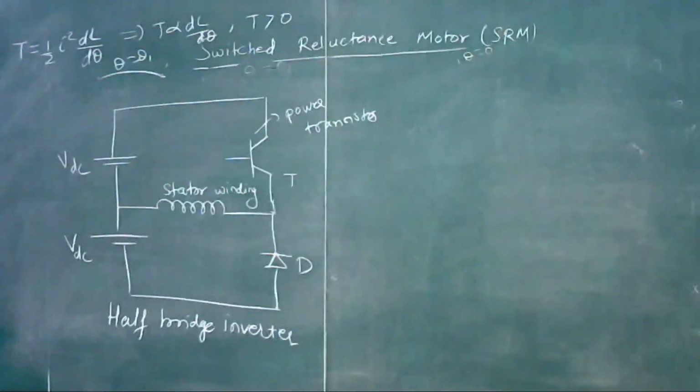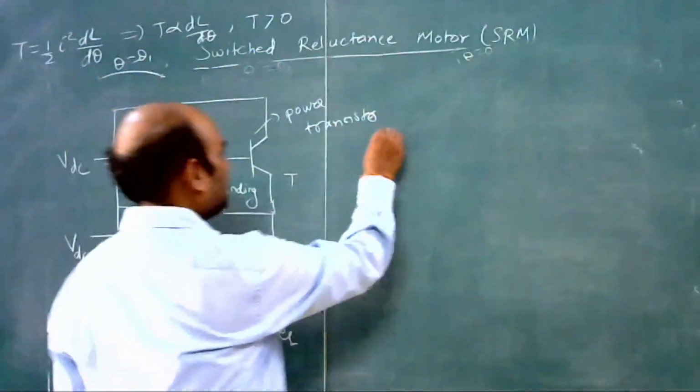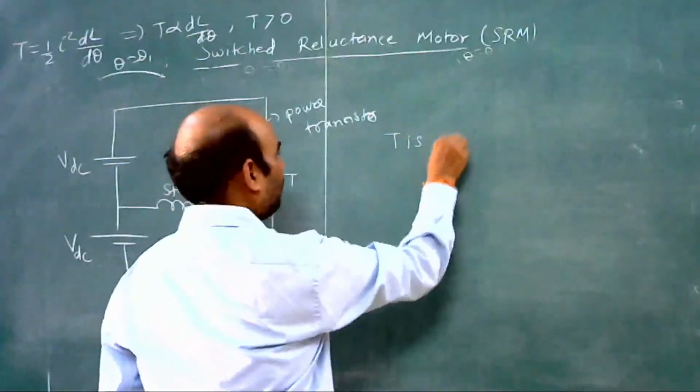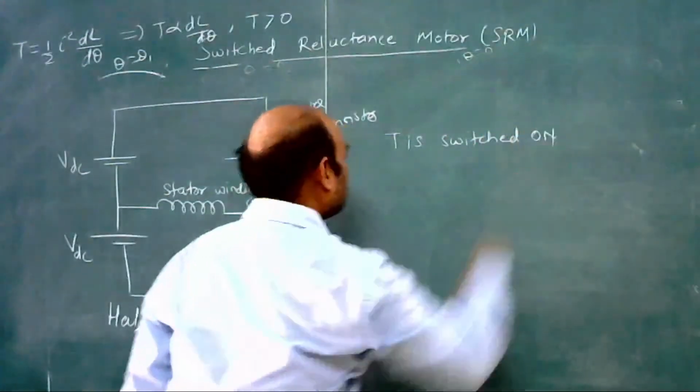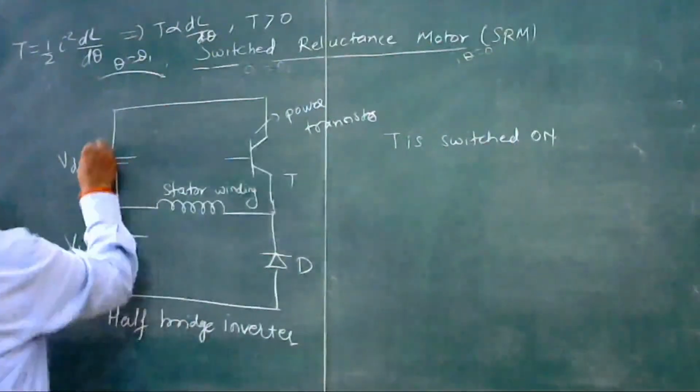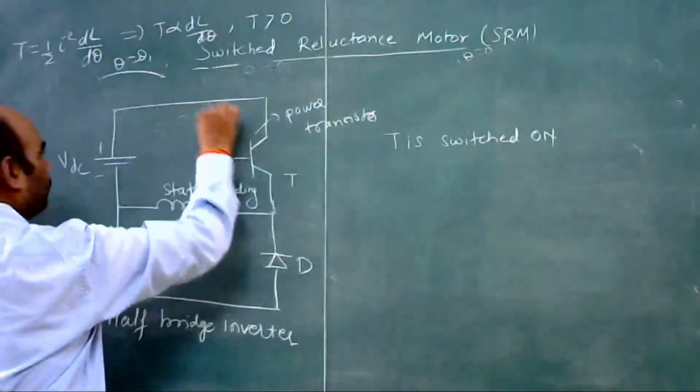So when T is switched on, current will flow in the circuit.